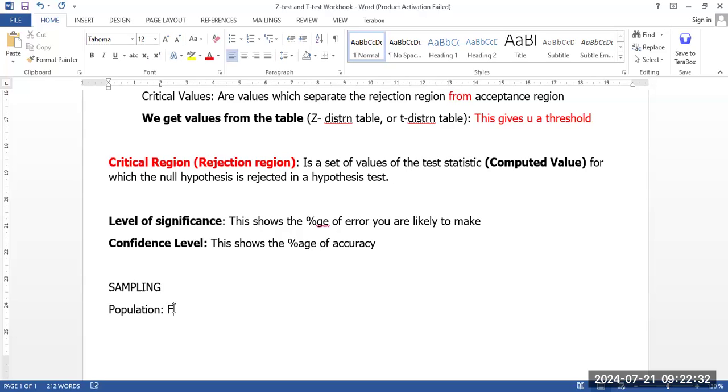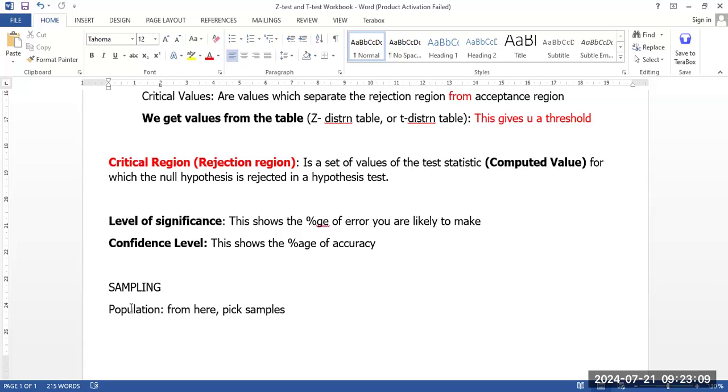Samples. And because of that, you are going to make some errors. You can pick a sample which is not all that convenient or knowledgeable about what you are trying to research about.